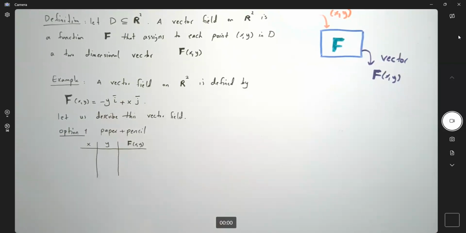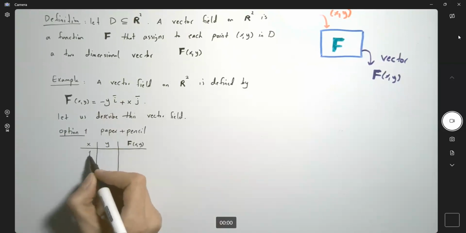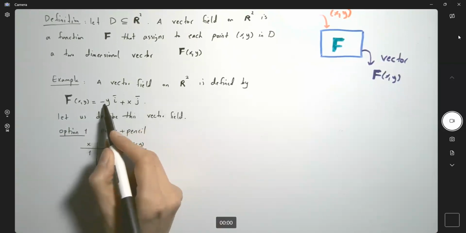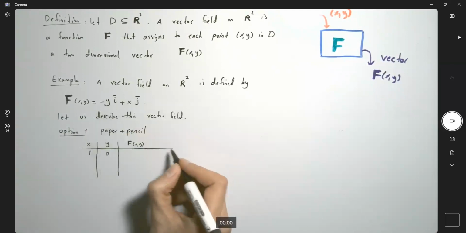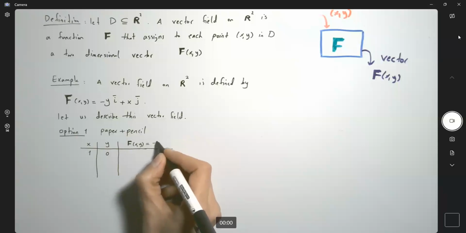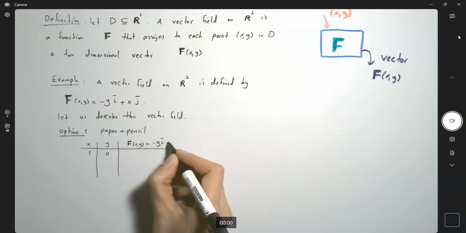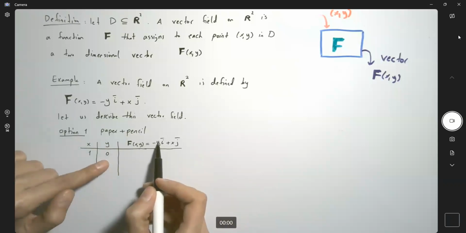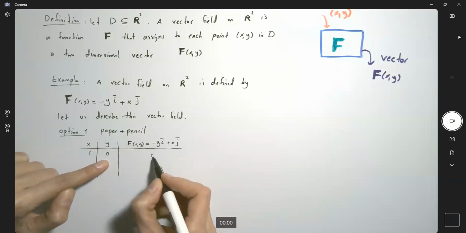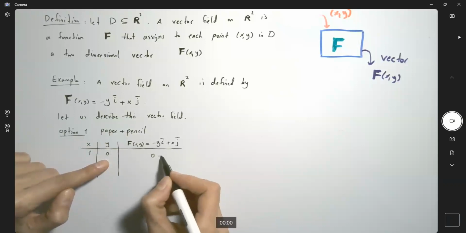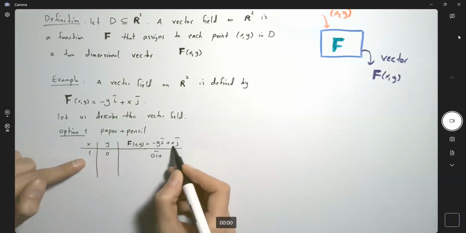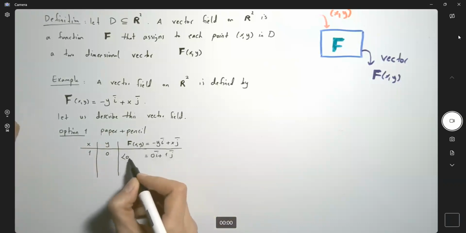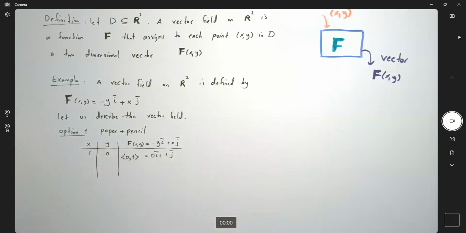If I plug in 1 and 0 into this function, I have negative Y i plus X j. I'll write down the whole thing here to avoid any confusion. My y is equal to 0, so I get 0i plus 1j, or in vector form, 0 and 1.